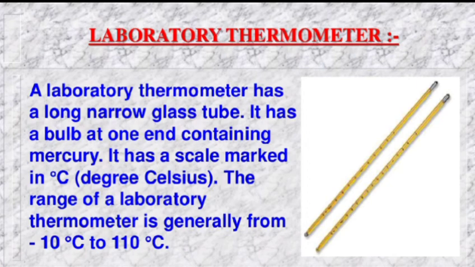It is also marked in degrees Celsius, but the range of a laboratory thermometer is different from the clinical thermometer. The range for clinical thermometer was 35 to 42 or 43 degrees Celsius. But the range of the laboratory thermometer is generally from minus 10 degrees Celsius to 110 degrees Celsius.